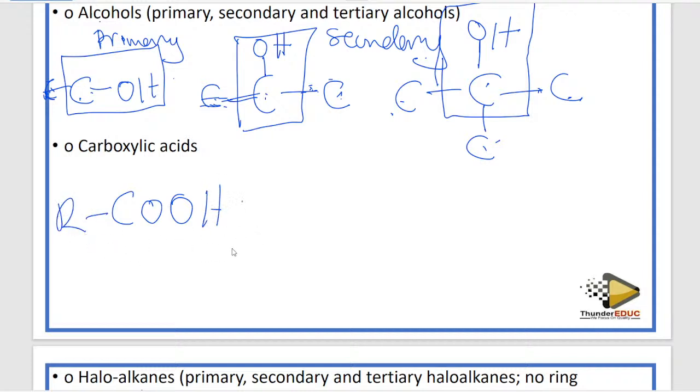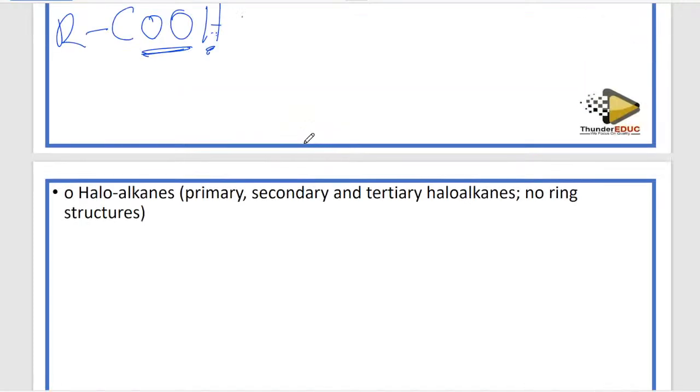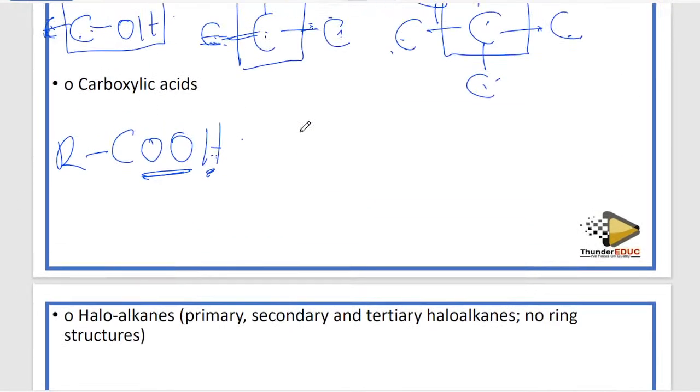Once you write a compound and you see it has 2 O's with a hydrogen, listen carefully. I didn't just say 2 O's. I said 2 O's with a hydrogen at the end. It must have a hydrogen at the end. Why am I saying that? Because the sister of that is going to look like this. If it is like this, and then I have maybe another carbon atom, this could be how many carbon atoms, it depends.